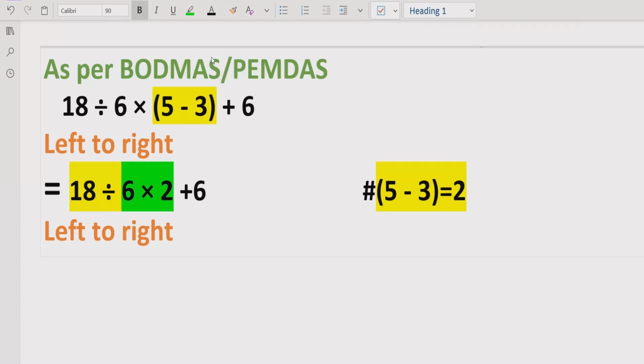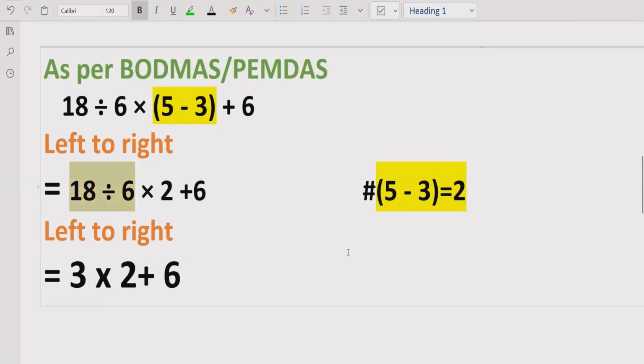So here we solve 18 divided by 6, which equals 3. Then we write the expression again: 3 multiplied by 2 plus 6.